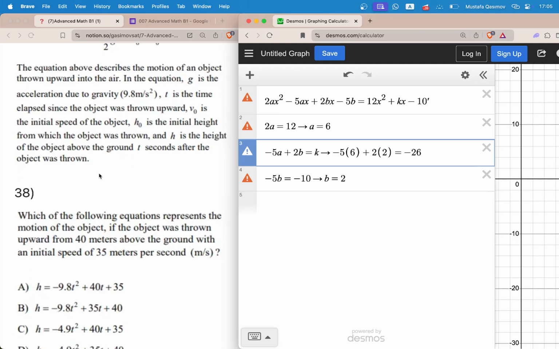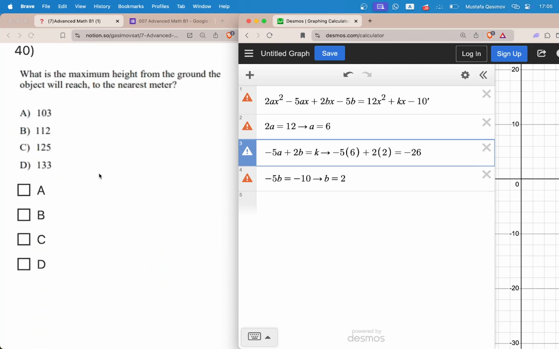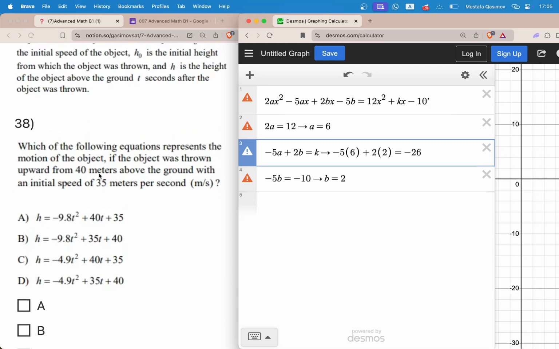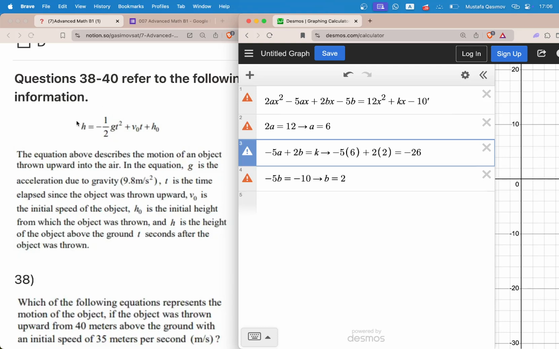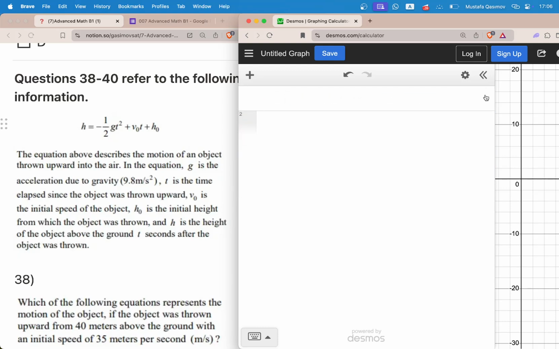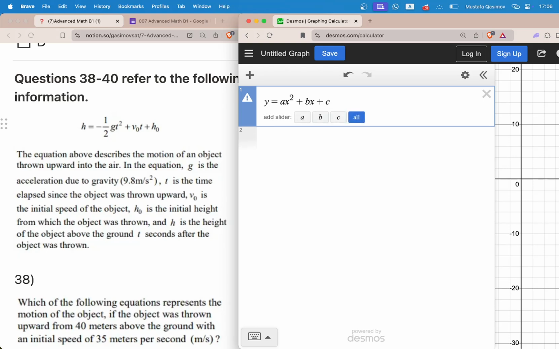We didn't look at this part with you, but it is very, very easy. We have this formula from physics: h is equal to negative 1 over 2 gt squared plus v0t plus h0. You can see that it is in the form y is equal to ax squared plus bx plus c.